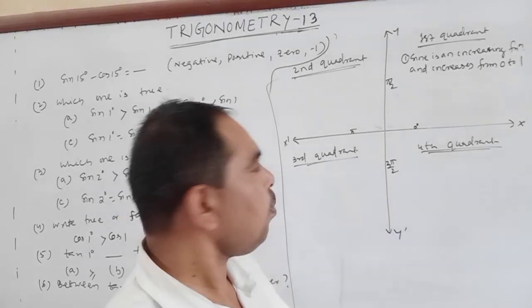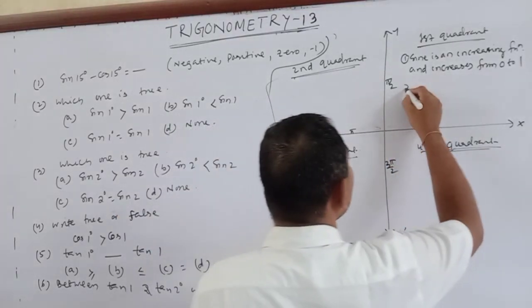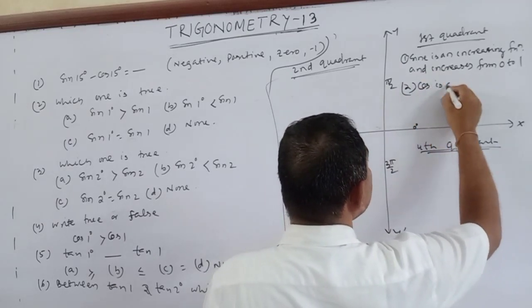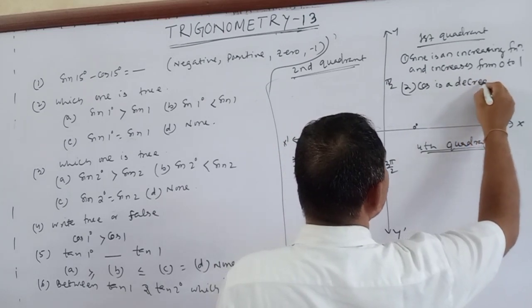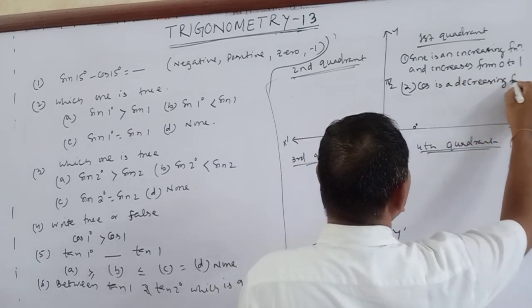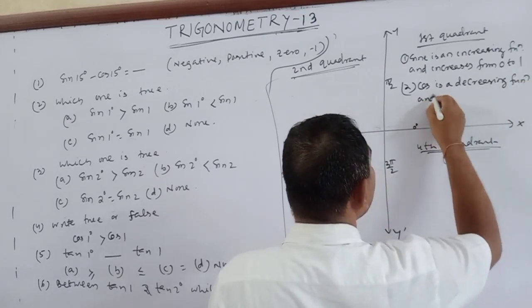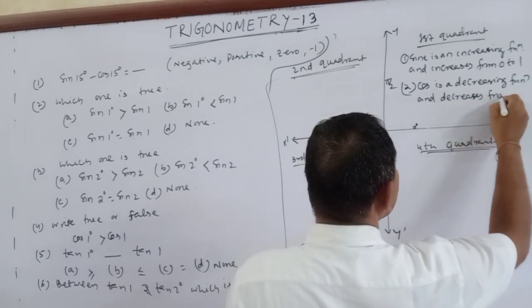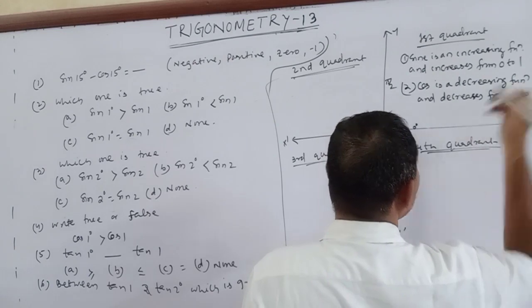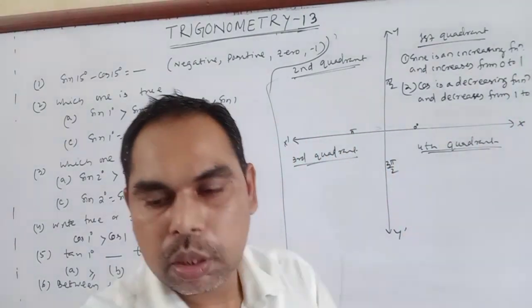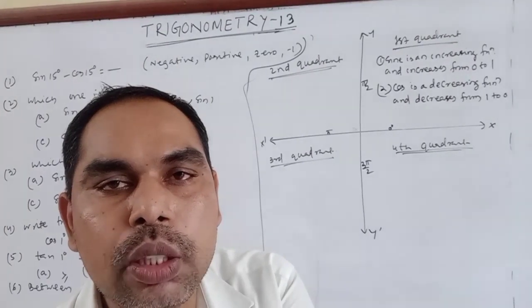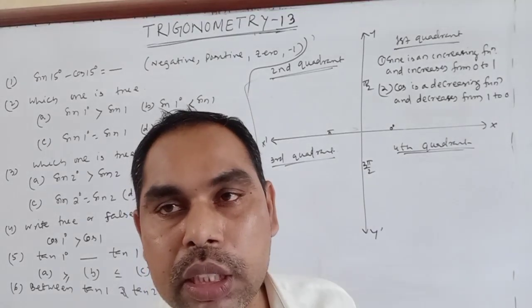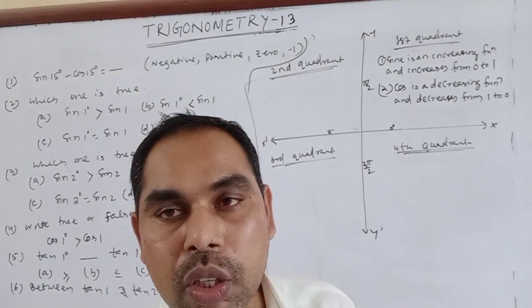Okay, similarly cos is a decreasing function and decreases from 1 to 0, because cos 0 is 1, but cos pi by 2 is 0.